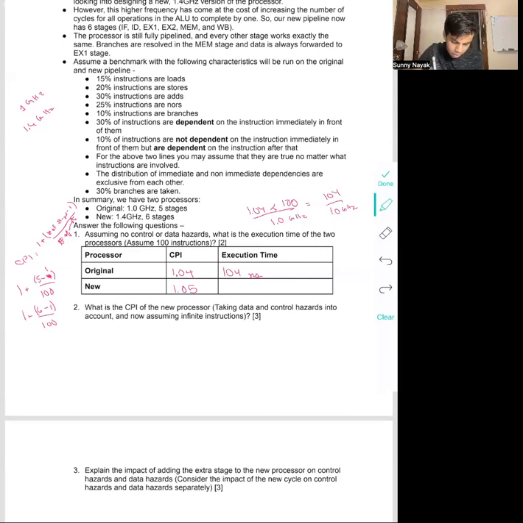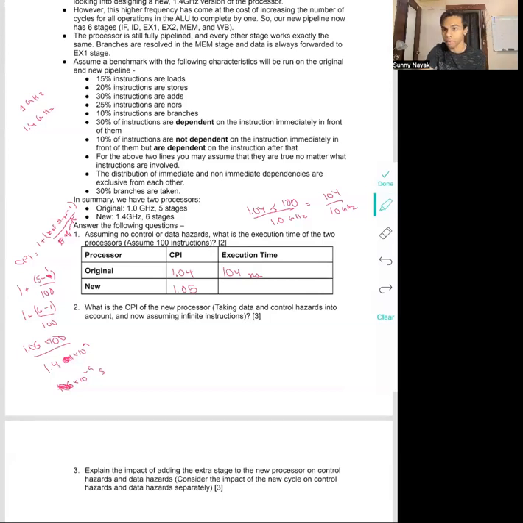Cool. Then I can do the exact same thing for my new processor. It has a CPI of 1.05, 100 instructions, divided by 1.4 gigahertz, essentially 1.4 times 10 to the 9th. The answer I get would be 105 times 10 to the -9th seconds, or no, wait, it won't be 105.